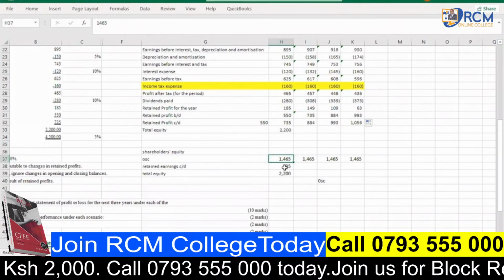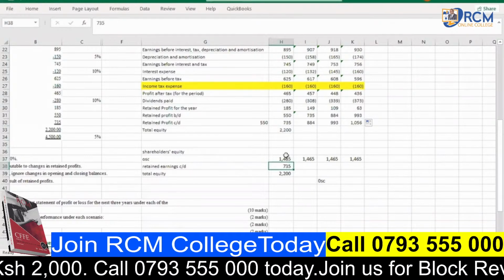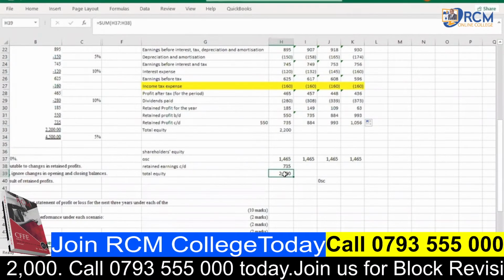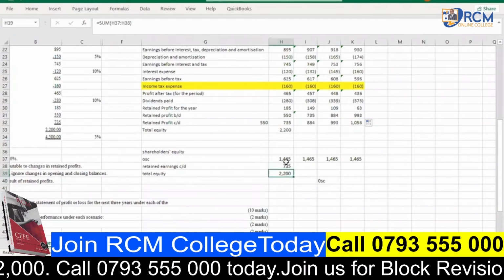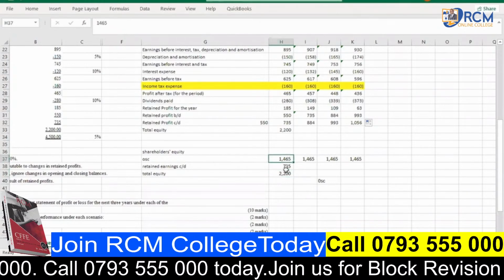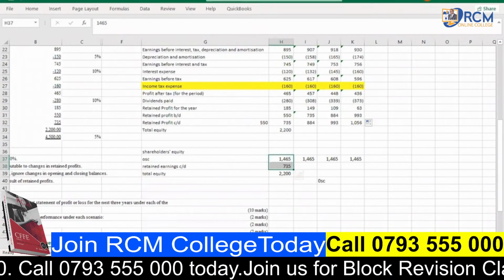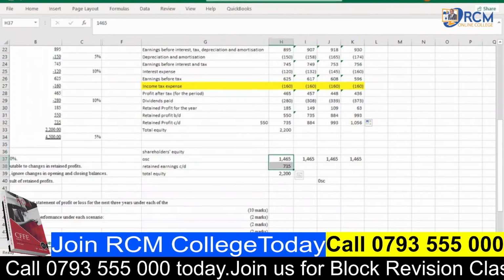So if we have 735, we add it to an unknown value, which is the ordinary share capital, we'll be able to get 2200. That unknown value happens to be 1465. If you add 1465 to 735, unapata 2200.